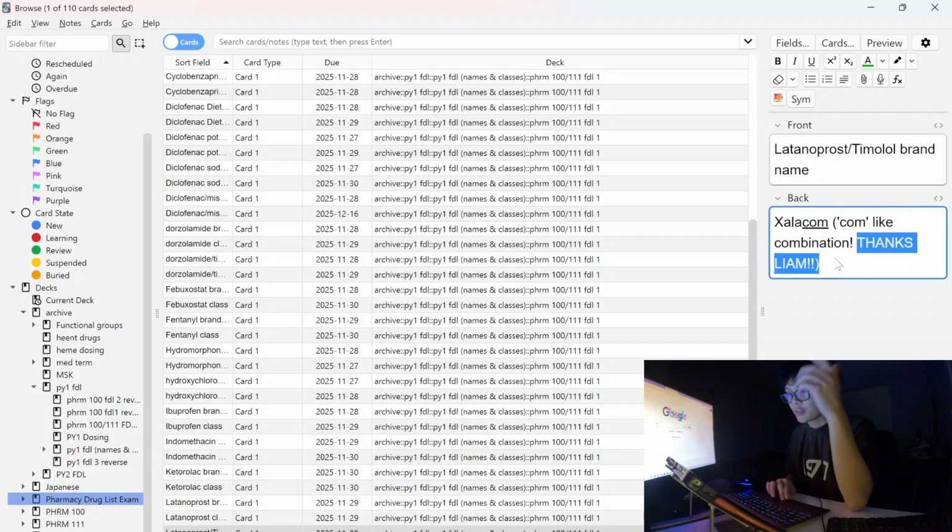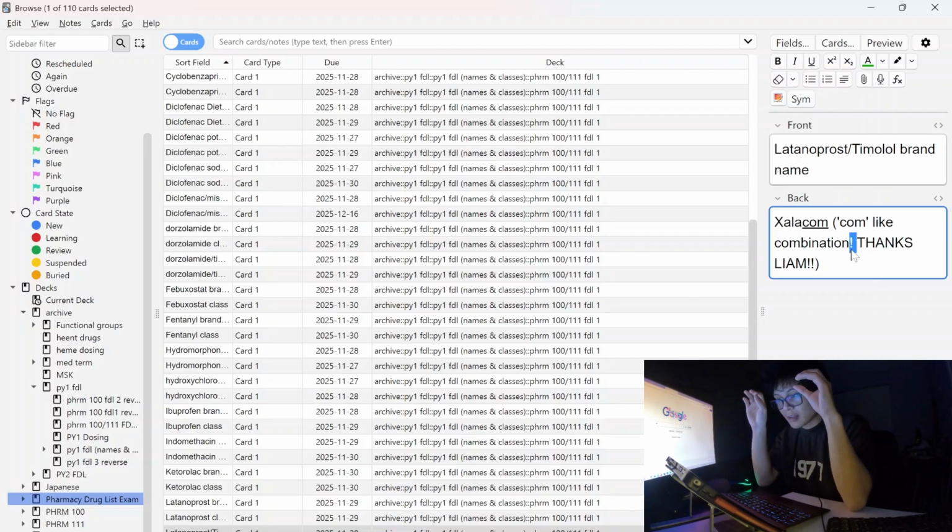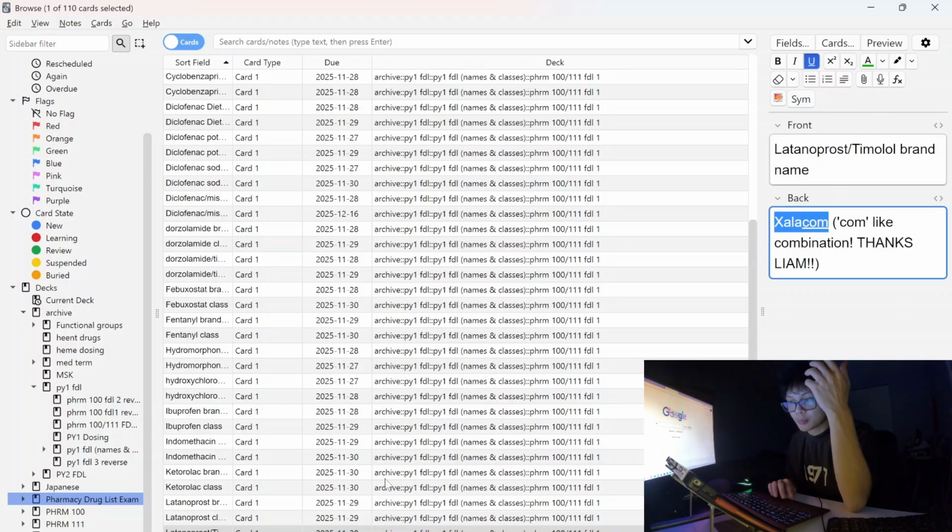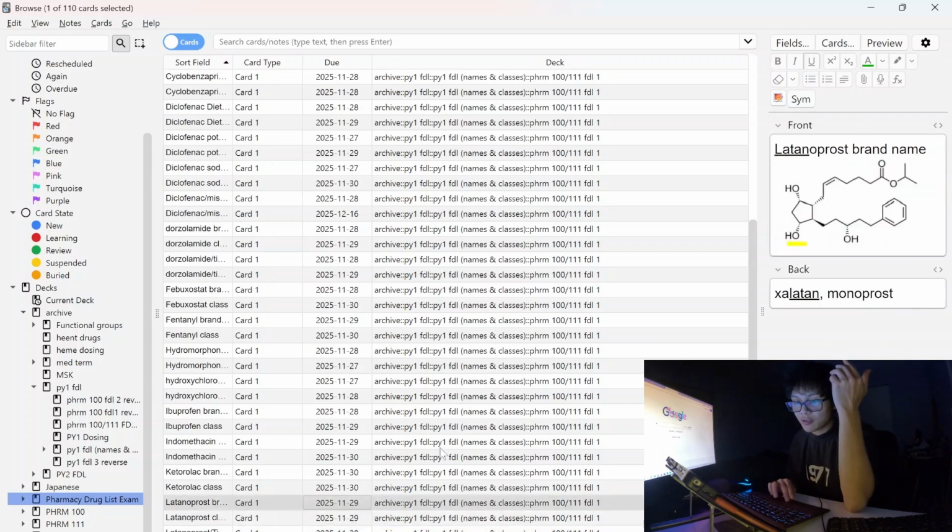And this is just a note that I made to help me memorize it because I noticed that when I associate certain people or things with a concept, it becomes easier to memorize. But yeah, Xalacom is the brand name for the combination product latanoprost and timolol. Now if we look here, latanoprost as a monotherapy product, or one drug product on its own, is named Xalatan or Monoprost.